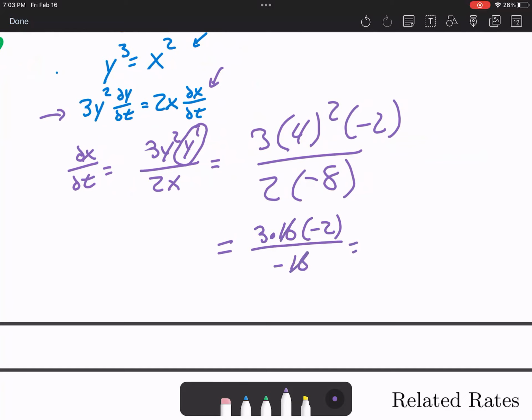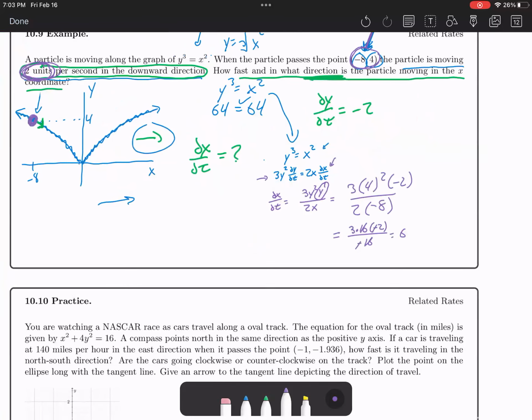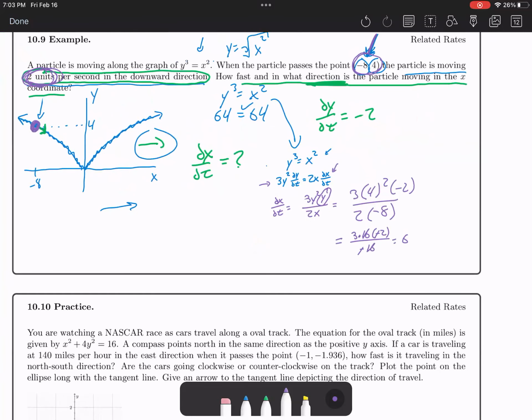Our 16s cancel. In fact, the negatives cancel. So we really just have a 3 times a 2 or a 6. All right, we don't have units, so it's just units per second, because those are the only units that we had. And notice that we got a positive, and we knew we were going to get that.